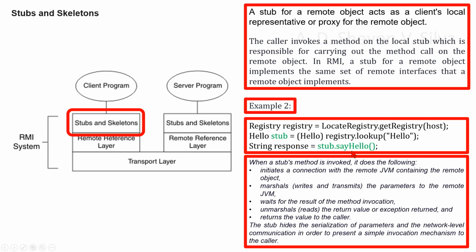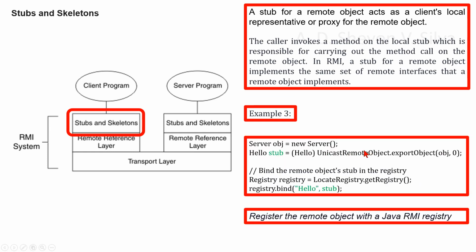The stub hides the serialization of parameters and network-level communication in order to present a simple invocation mechanism to the caller.